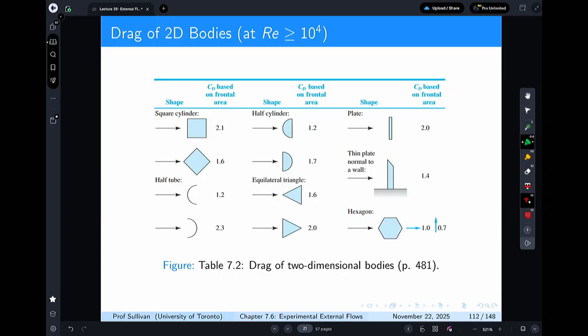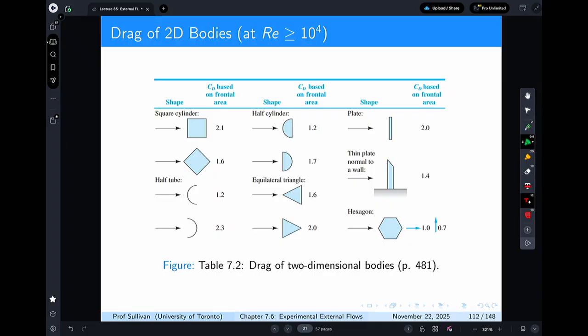So a lot of this part of the chapter, you start to look at a whole bunch of different charts that describe square cylinders, half cylinders, plates, and you can see that C sub D based on frontal area goes from 2.1 for a square cylinder to 1.2. So the front curvature does help. The plate, which is going to be a squared off end, is going to have a similar sort of drag coefficient as a square cylinder.